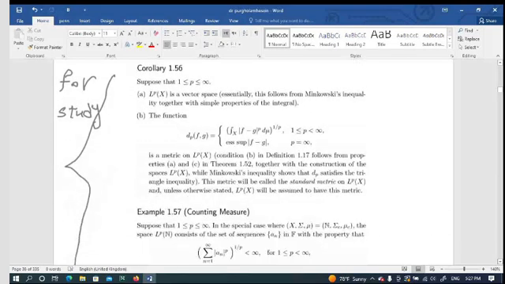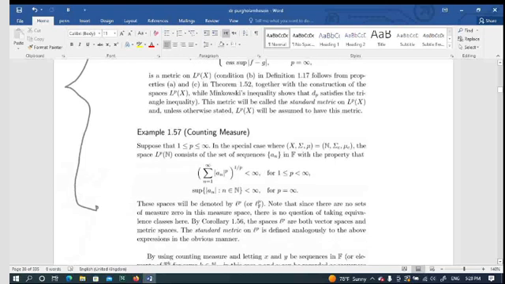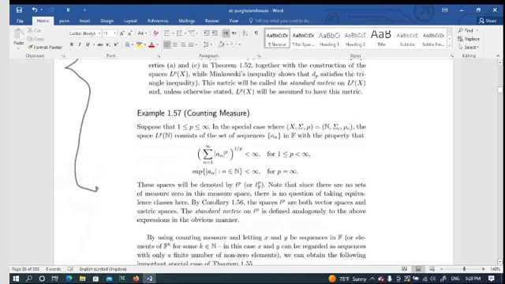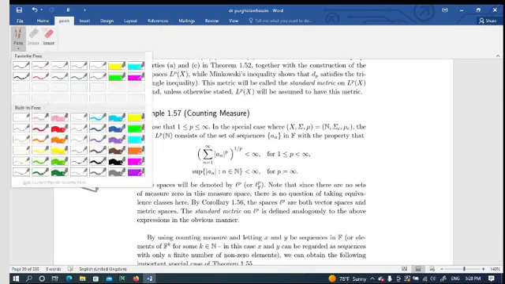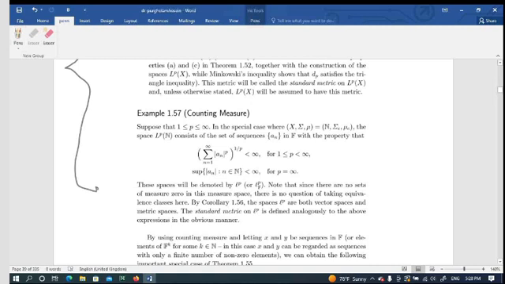We use just LP spaces like this, and some examples.